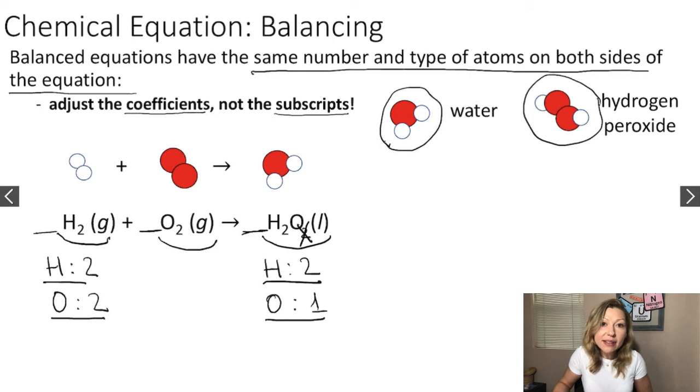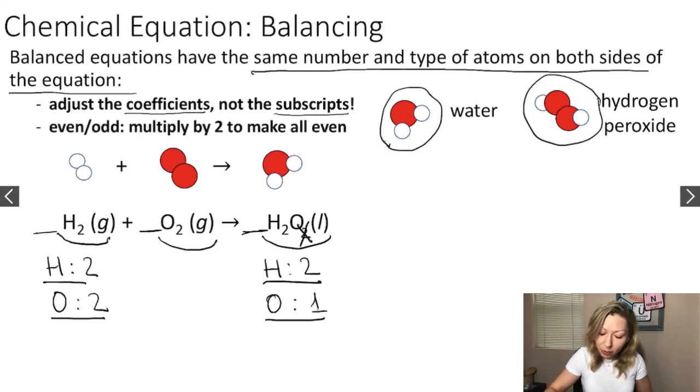How do I balance this out? Actually, on my product side, I have an odd number of oxygen atoms. But on the reactant side, I have an even number. So when this happens, you simply have to multiply by 2. So I can put a coefficient of 2 before the H2O.